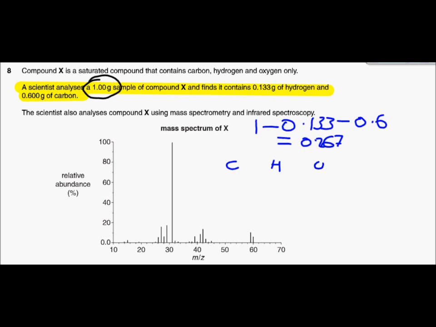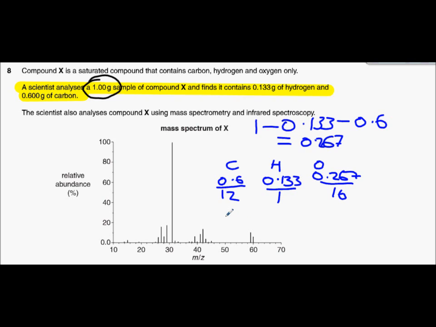and oxygen, mass over Mr, so first of all 0.6 over 12, 0.133 over 1, finally the oxygen 0.267 over 60.